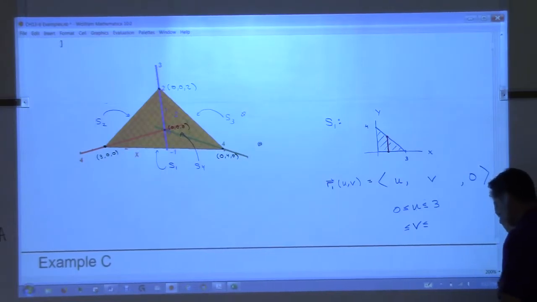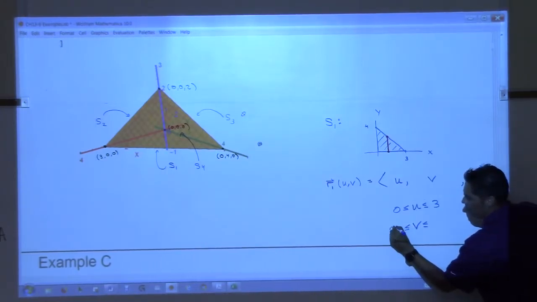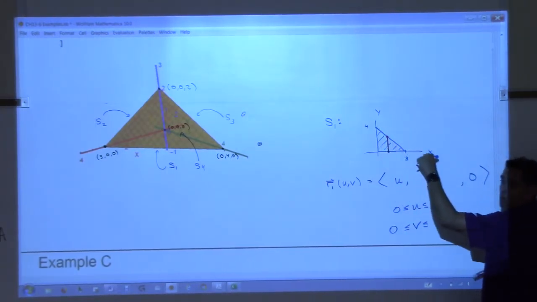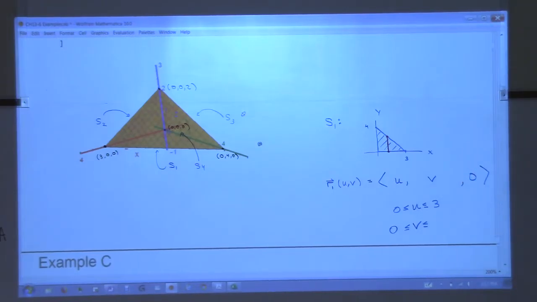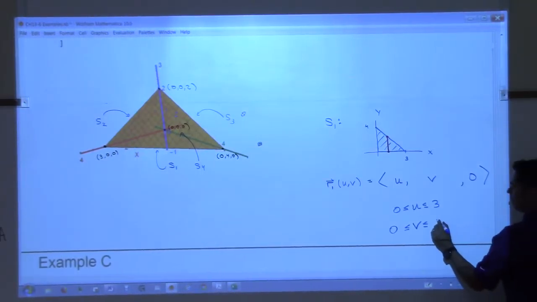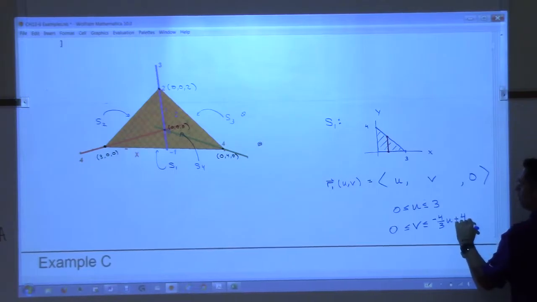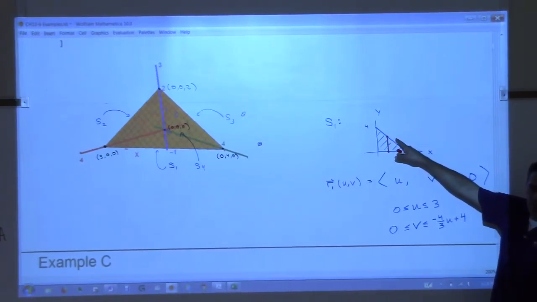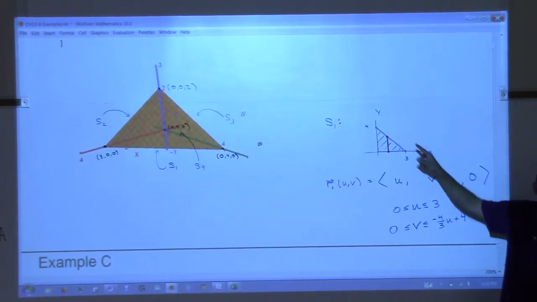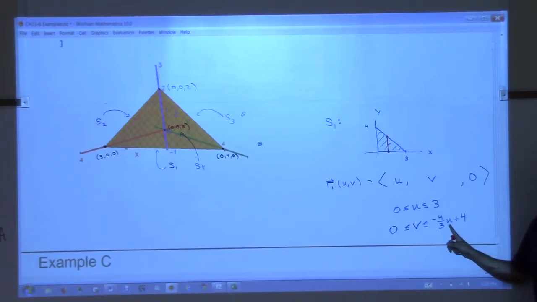So it's between 0 and that straight line segment, which is actually a function of u, right? And what is it as a function of u? It's negative 4/3 u plus 4. So it's the equation of that line, but replacing x with u. Do y'all follow that?